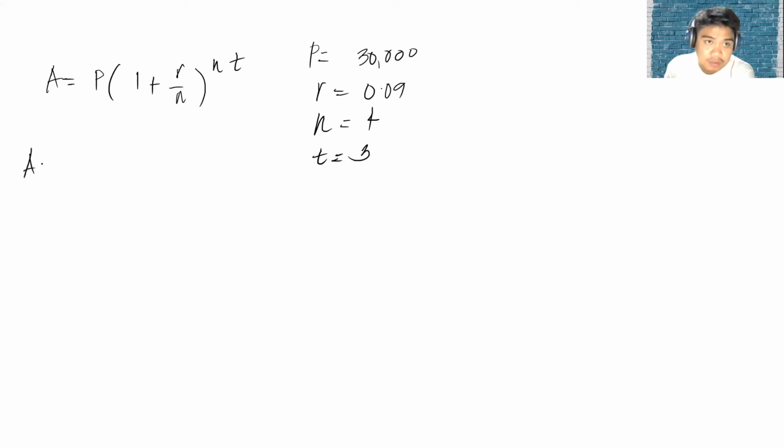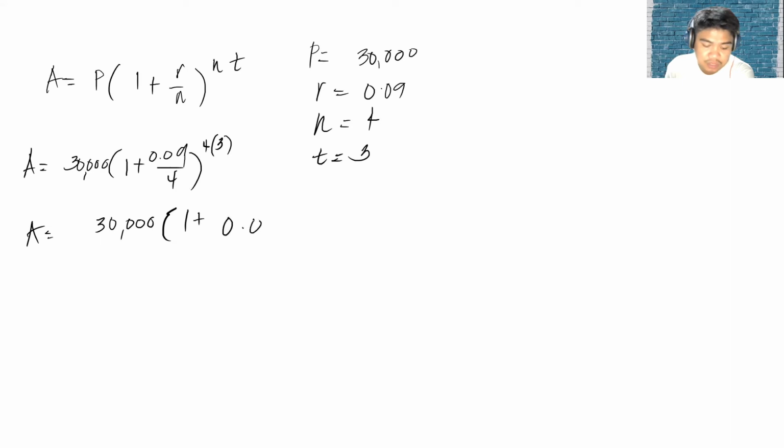So we have accrued amount is equal to 30,000 times 1 plus rate, 0.09 over 4, raised to 4 times 3. Okay, so A is equal to 30,000 times 1 plus, if we divide this, 0.09 divided by 4, that is equal to 0.0225, raised to 12.